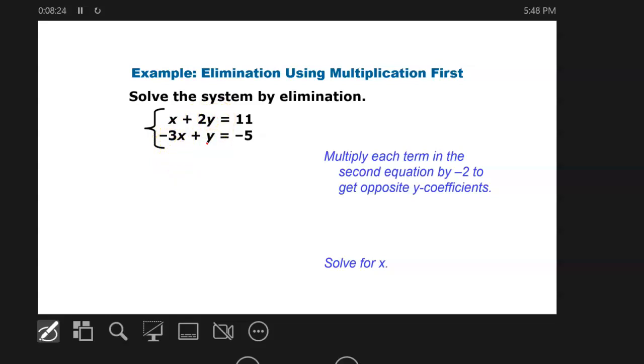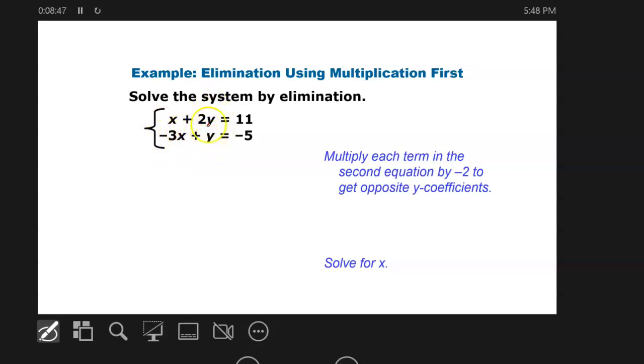I do not eliminate. So there is possibility at times that you may have to multiply either one equation or both equations by a number in order to solve. So we're going to take this problem. This is my choice. Your choice may have been to get rid of the x variable.